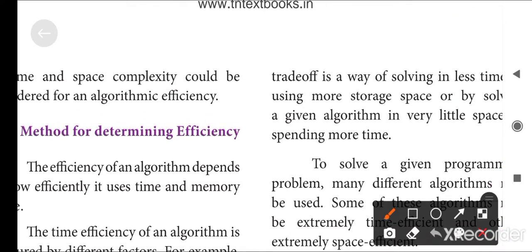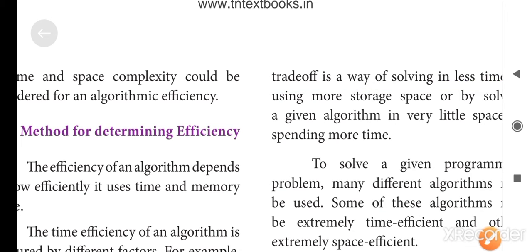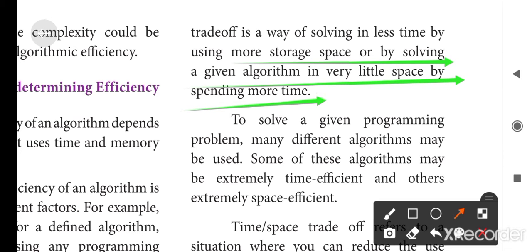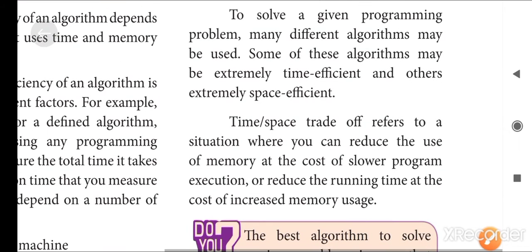Time-memory trade-off is a way of solving a problem in less time by using more storage space, or by solving a given problem with an algorithm in very little space by spending more time. It is very important.